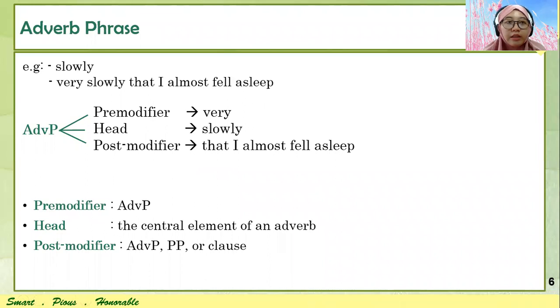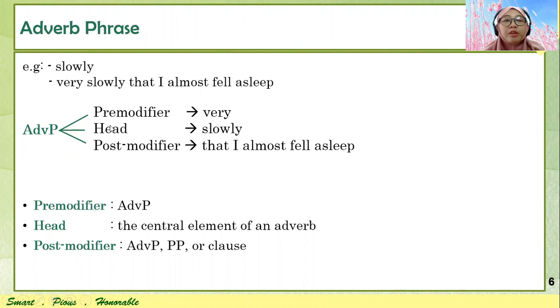Okay, so now adverb phrase. So for example, slowly or very slowly that I almost fell asleep. Adverb phrase is almost similar to adjective phrase. It can contain 3 parts, but please remember that it can also contain less than 3.